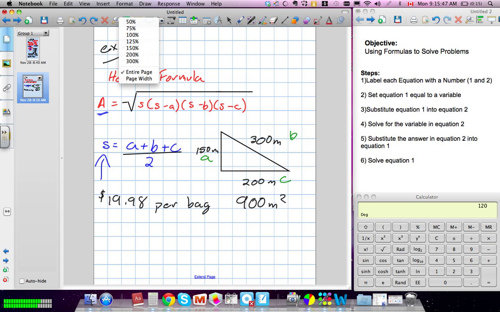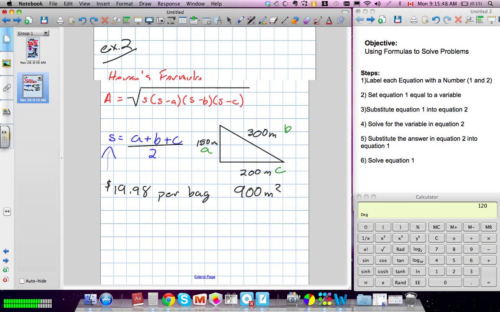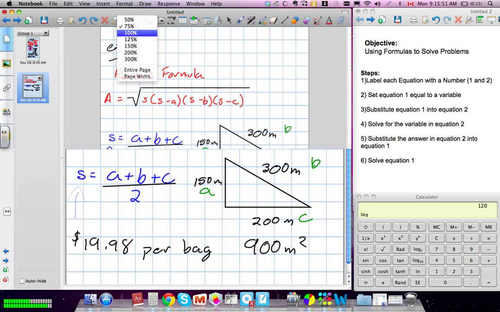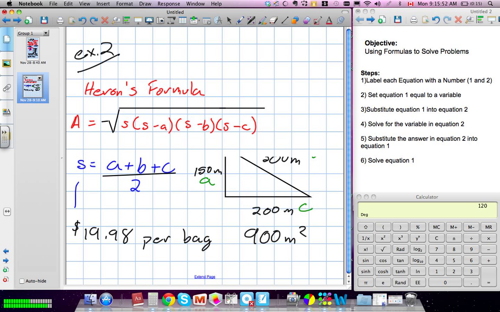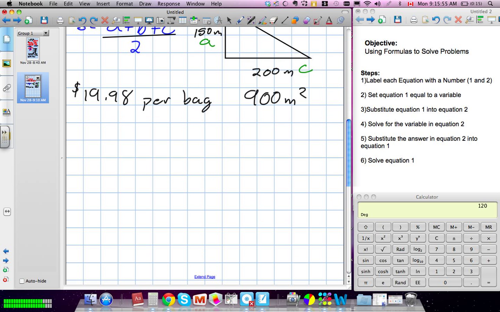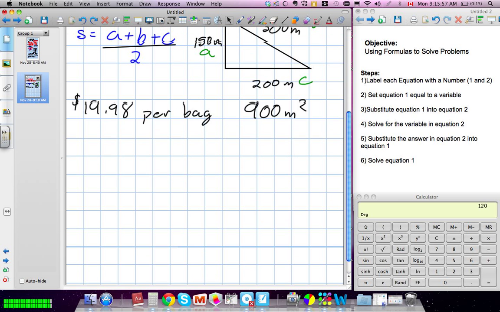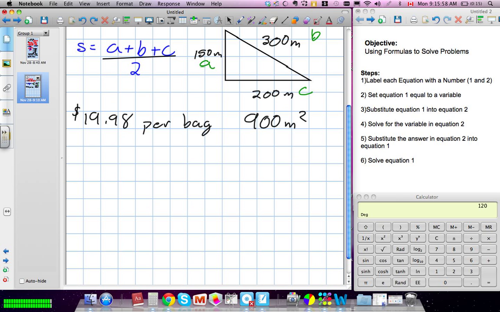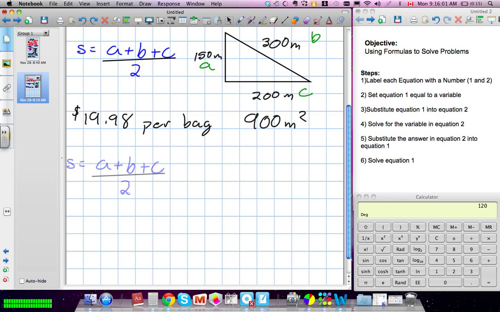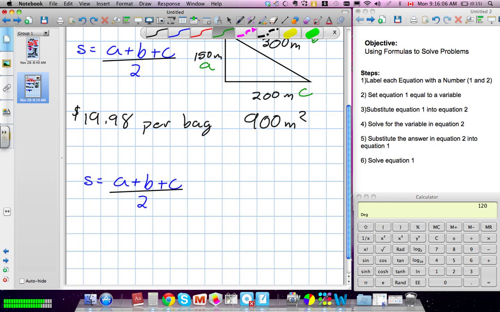We're going to move our S formula down. We know that our A was equal to 150 meters, B was equal to 300 meters, and C was equal to 200 meters.